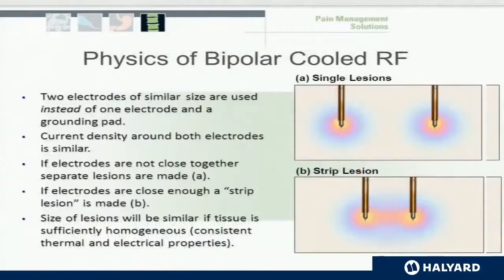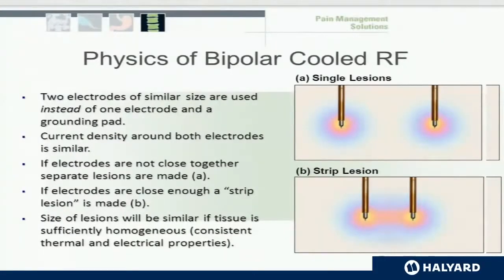And then finally there's this Bipolar RF. Now what this means is that rather than having the return pad attached to the patient's skin, two electrodes are inserted and the circuit will exist just between these two electrodes. What this does is allow you to create a much larger lesion called a strip lesion.